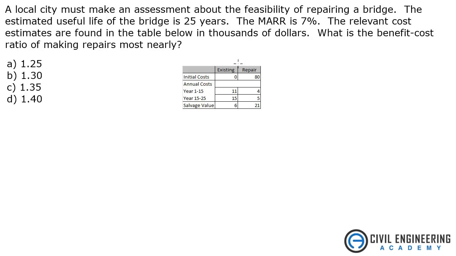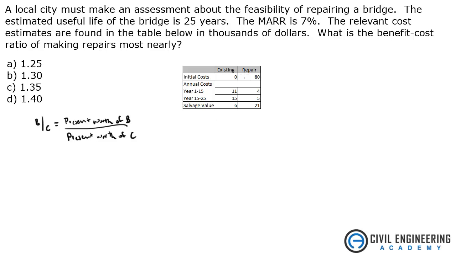So here's our table. Alright, the first thing we need to do is look up what the benefit-to-cost ratio is. That basically states that you need to find the present worth of all benefits, present worth of benefits, all divided by the present worth of your costs.